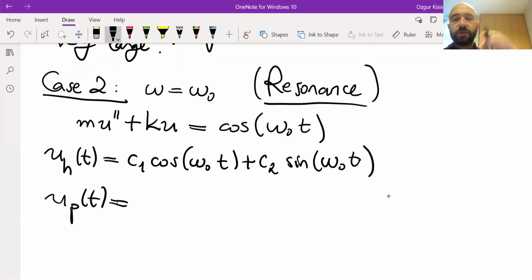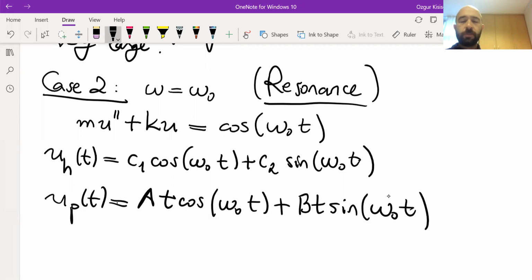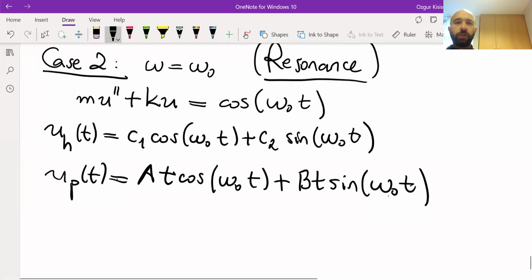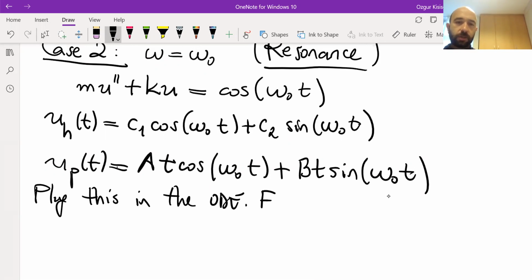You'll get 0 on the left, non-zero on the right. It will not work. So what you should try instead is to multiply everything by t and write a t cosine omega 0 t plus b t sine omega 0 t, right? Let me not do the operations, but plug this in the ODE and find A and B. It can be done.